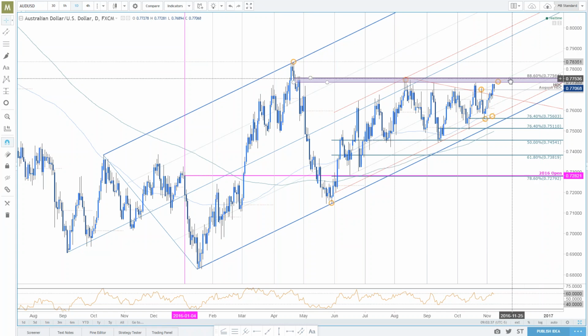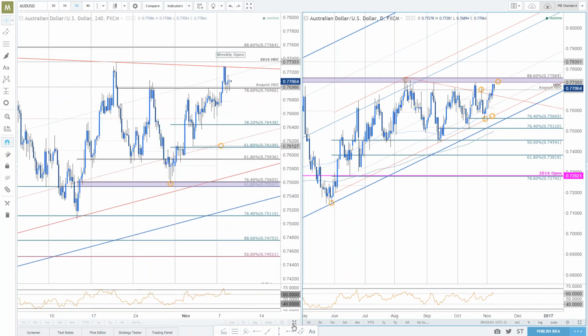I extend that resistance barrier into 77.35, 77.56 is a 20 pip barrier right here. That's the level we need to get through to get any meaningful topside rally. Near-term support, you have this sliding parallel here around 76.20, but really it's the monthly open that should be the more meaningful key support structure near-term for Aussie.